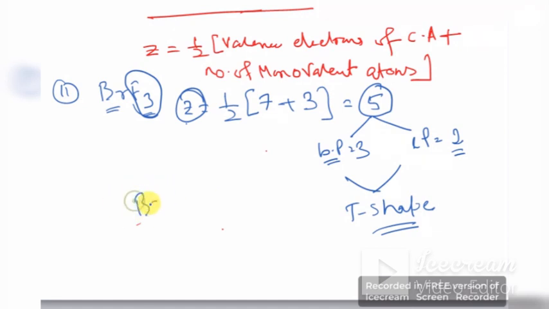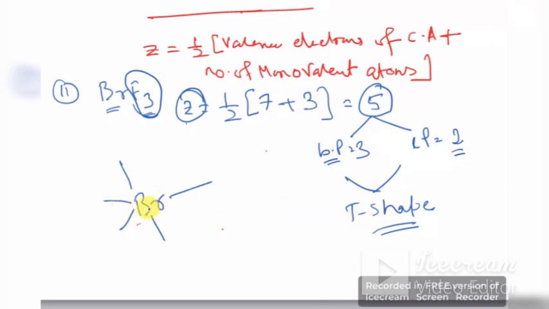The central atom is bromine. Make a plane, or trigonal planar shape, and then above and below the plane. The geometry is trigonal bipyramidal, but the shape will be T shape.